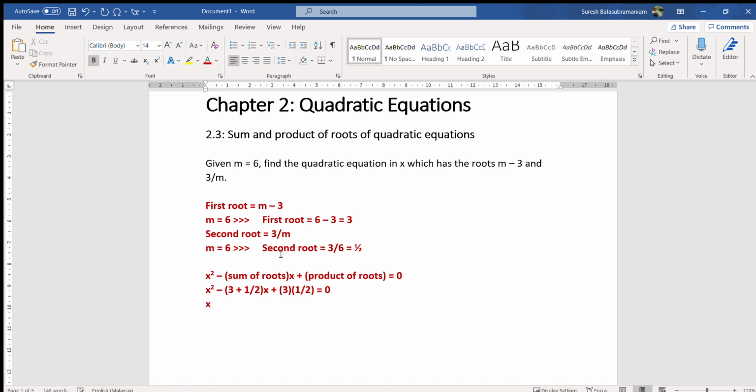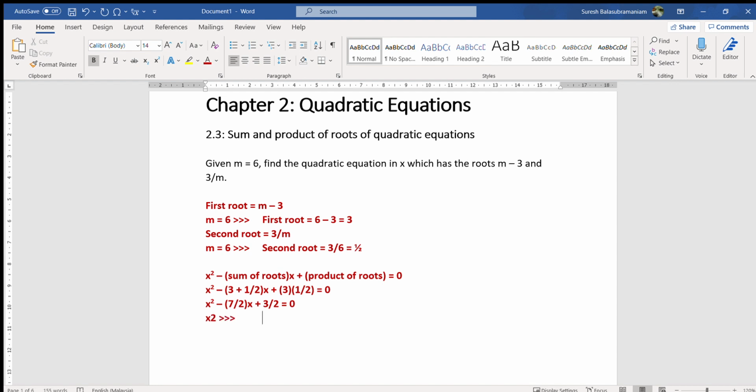Simplify x square minus 3 plus 1 over 2, you get 3 1 over 2 or 7 over 2, x plus 3 times 1 over 2, you get 3 over 2 equals to 0. Okay, I want to eliminate the fractions, so I'll multiply with 2.